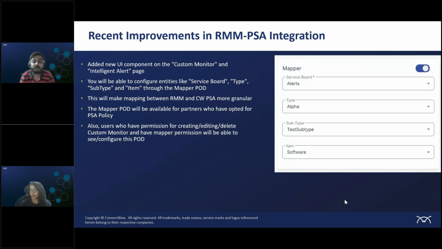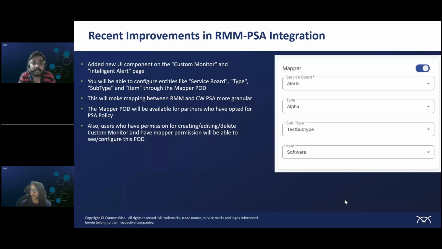With the help of the mapper pod, you will be able to configure the PSA service board, type, subtype and items that you have created in ConnectWise PSA. You will be able to configure that against the custom monitors that you are creating, or the intelligent alert which is present in the ASIO platform.